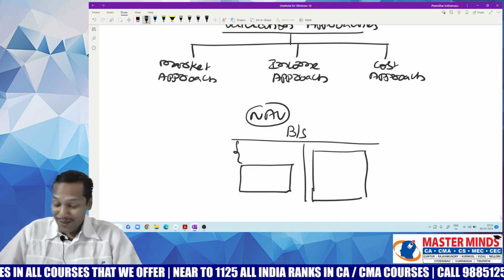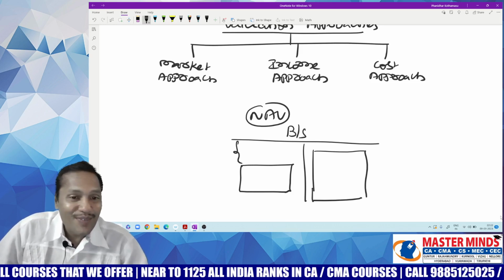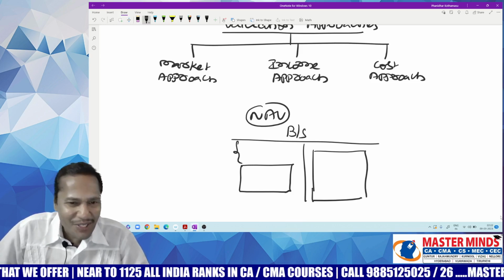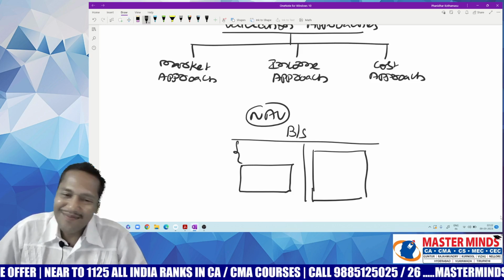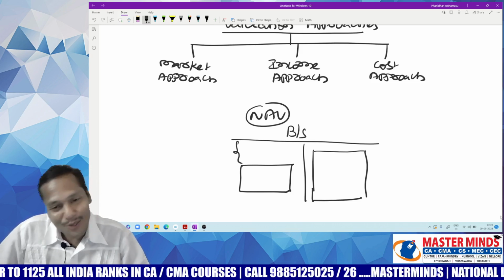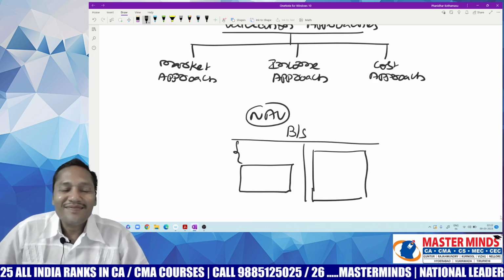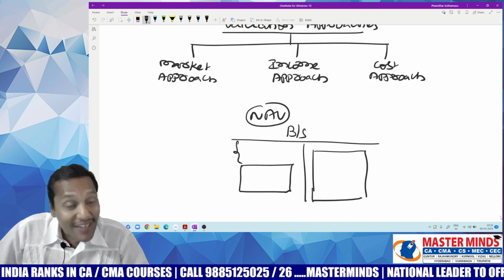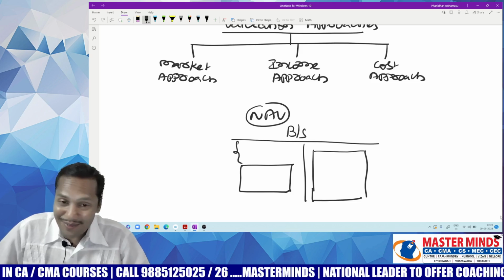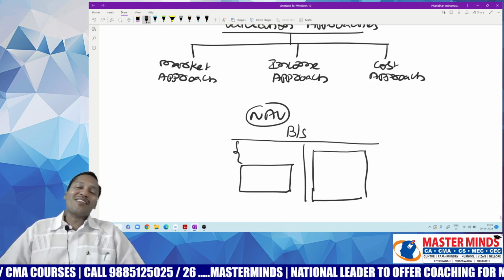Some businesses may be investing in equity shares, debt instruments, so deriving the value of equity and the value of debt invested is also part of this. We may be investing in real estate, so how to value the real estate properties is part of valuation only.